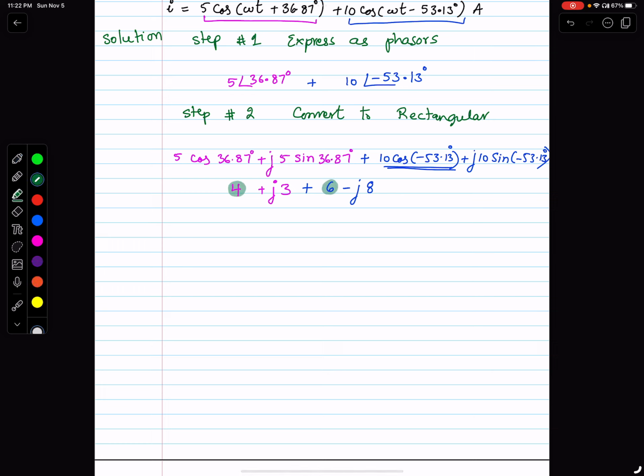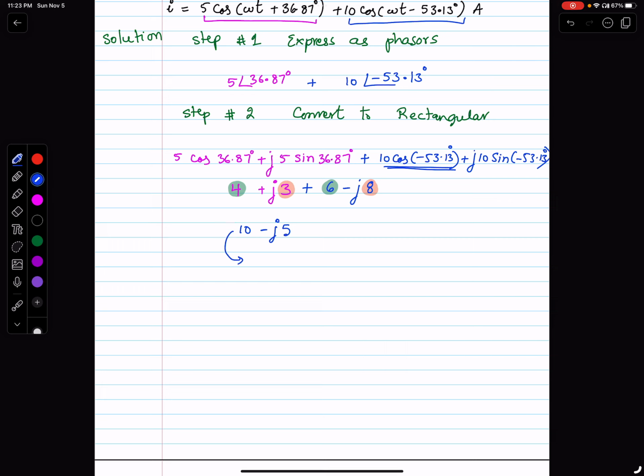Add the real parts and the imaginary parts separately. So this is going to turn out to be 6 plus 4, 10, minus j 5. Okay, this is in the rectangular form.